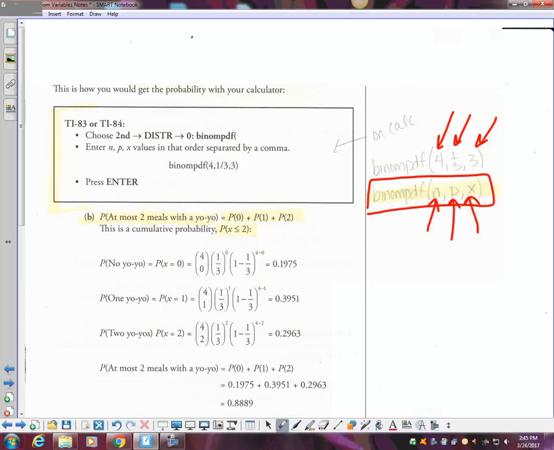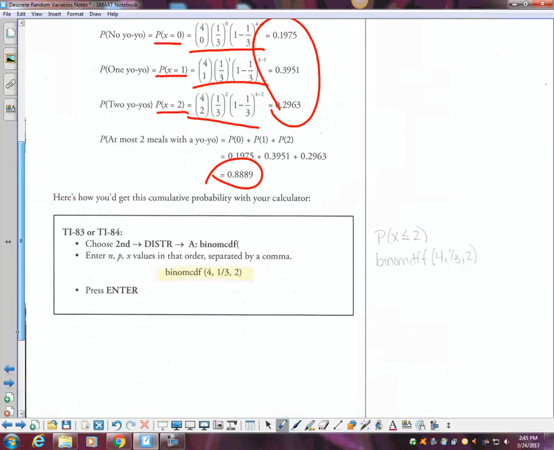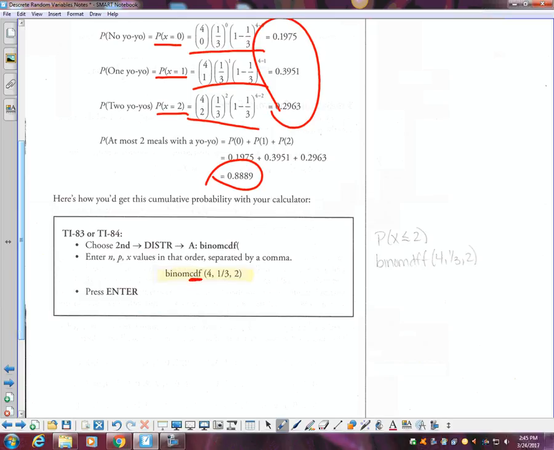Okay, part B says the probability that I'm going to get at most 2 meals. Now I think of that as at most 2 meals, so 0, 1, or 2. If this is free response, you have to show all 3 and add them together. If it's multiple choice, this is when you do CDF.